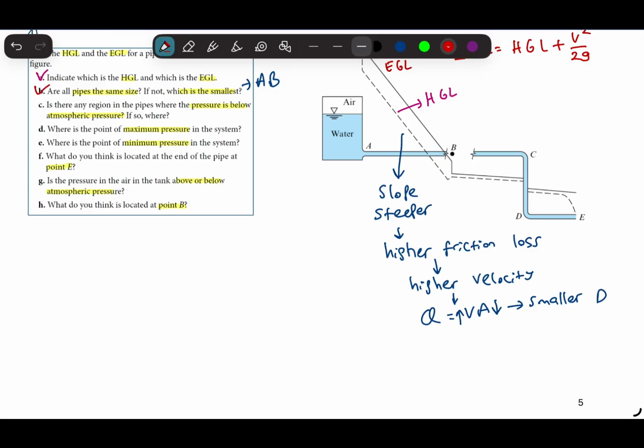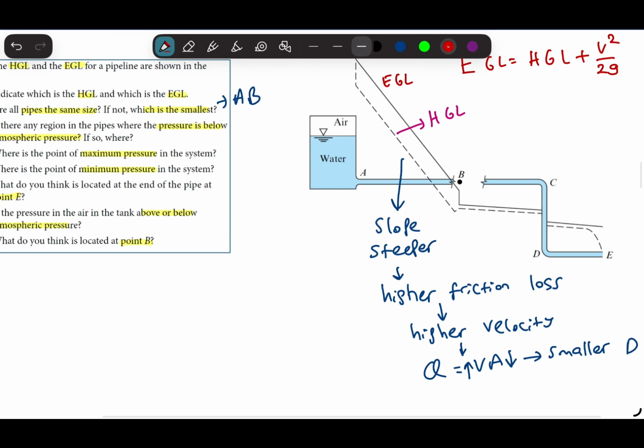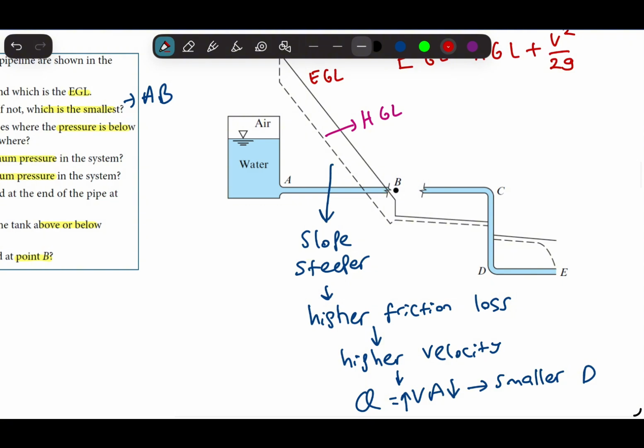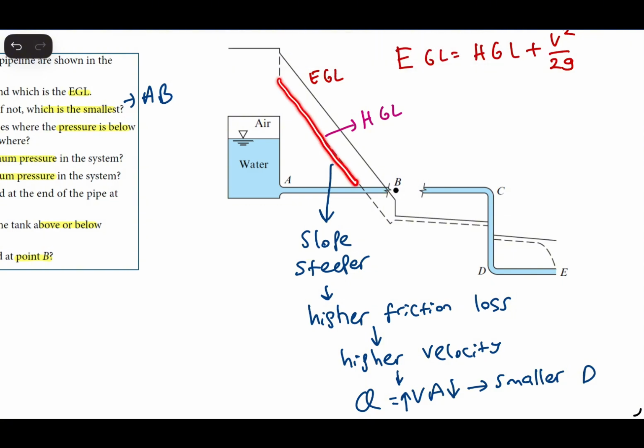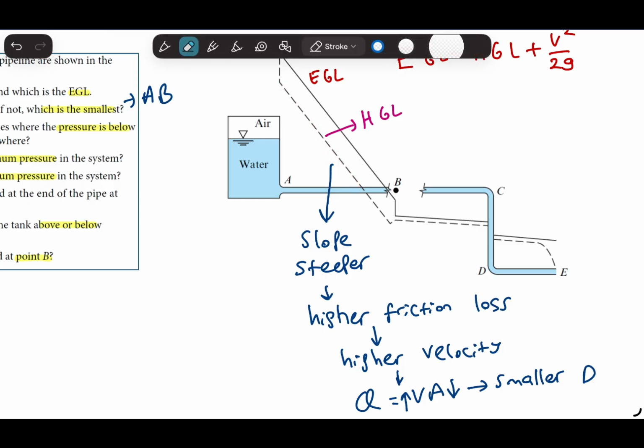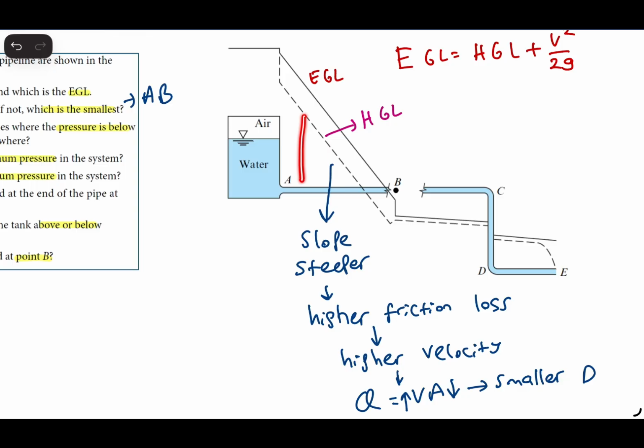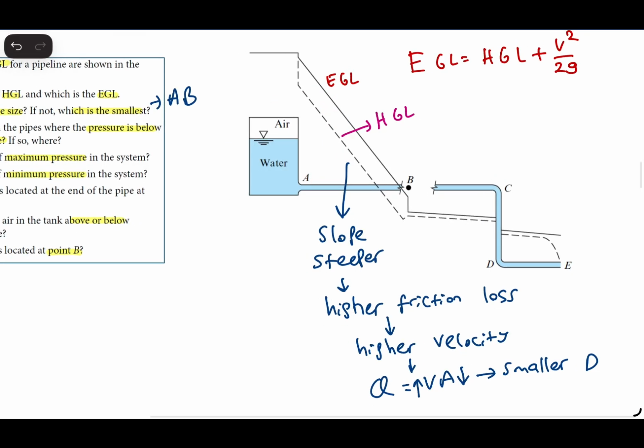Is there any region in the pipes where the pressure is below atmospheric pressure? For that we can compare the hydraulic grade line and the pipe center line. Here, for example, at this point we have positive pressure.